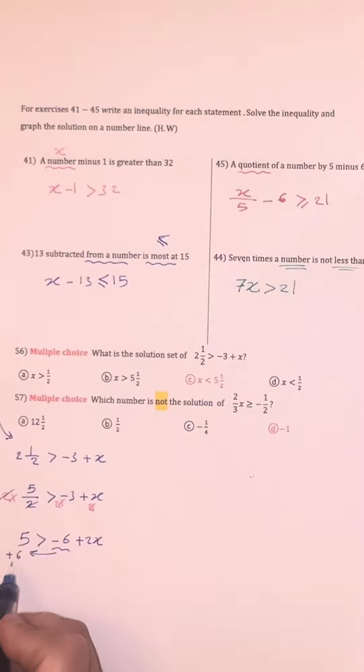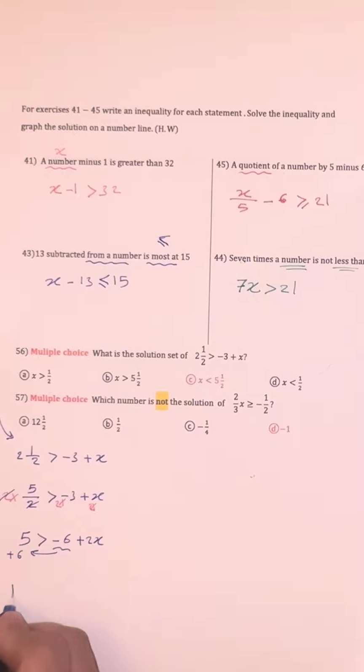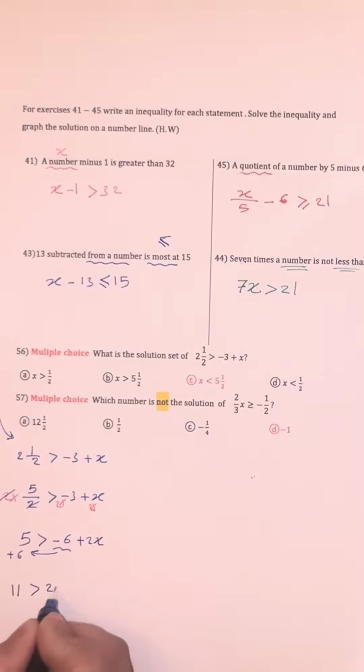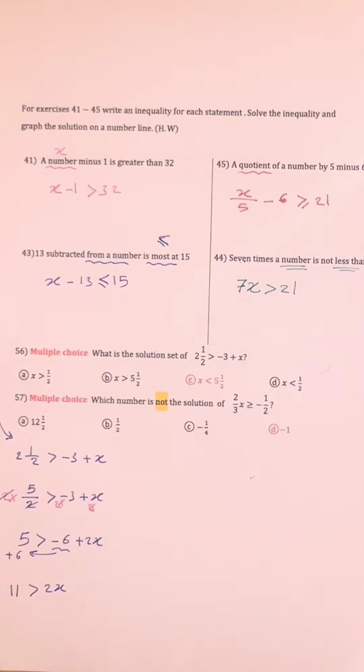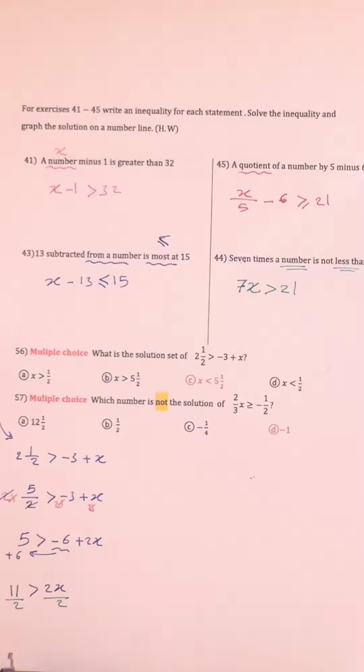So take this negative 6 to the other side, it will be positive 6. So plus them, those two numbers will be 11 greater than 2x. So we need to divide both sides by 2. This will be 11 over 2 greater than x, okay?